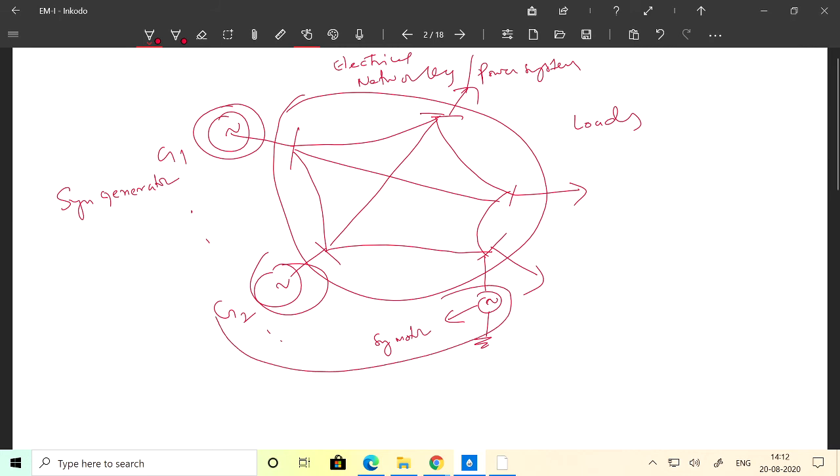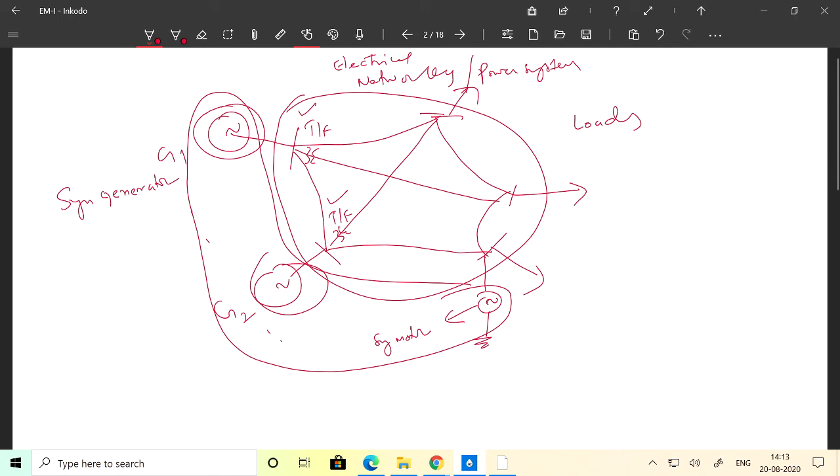So these are all AC machines. In addition to these synchronous generators and motors, you also have transformers connected in the lines. These are all transformers. Okay, so these things are AC machines. Transformers, synchronous generators and motors you will be studying in electrical machines too.